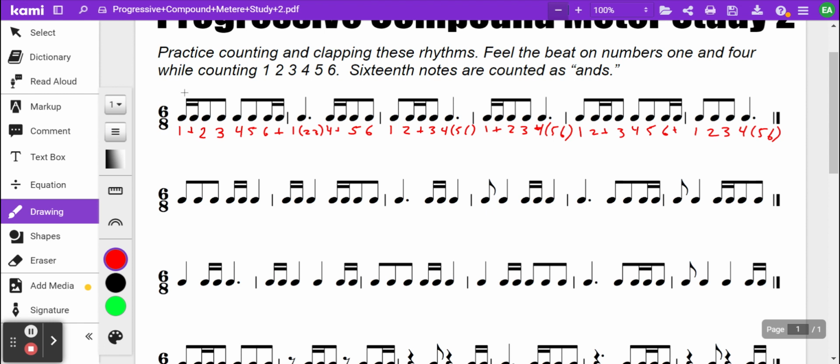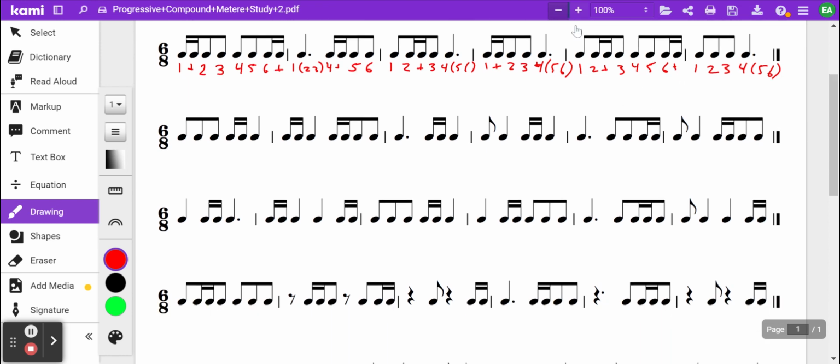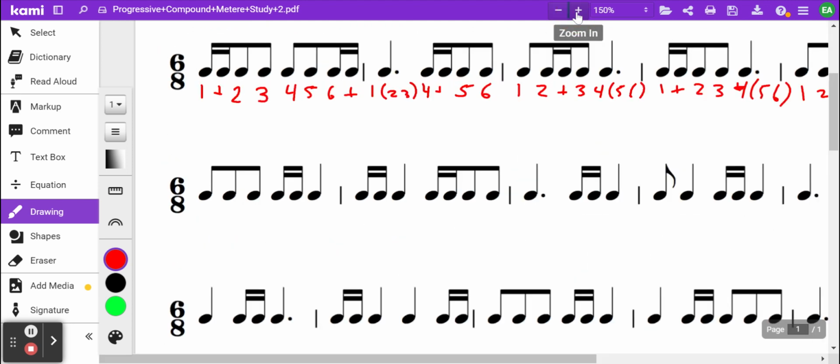Here we go. 1 and 2, 3, 4, 5, 6, and 1, 2, 3, 4, and 5, 6. 1, 2, and 3, 4, 5, 6. 1 and 2, 3, 4, 5, 6. 1, 2, and 3, 4, 5, 6, and 1, 2, 3, 4, 5, 6. Excellent. All right. Let's move on to line 2.